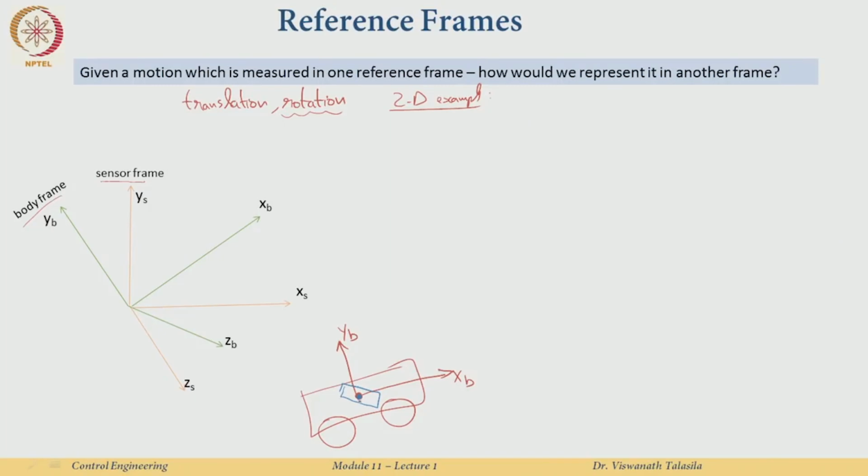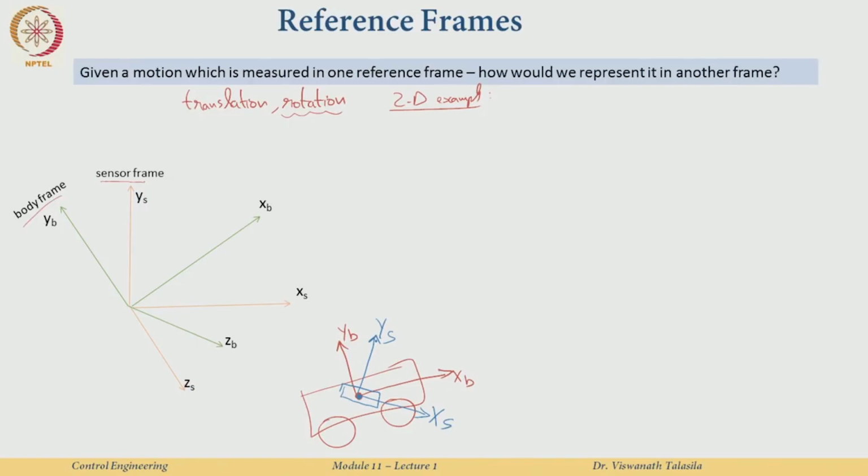So, the sensor coordinate system will be like this. Let me rewrite that a little bit. I will call this x sensor and this is y sensor. So, you can see that the two origins are perfectly aligned.